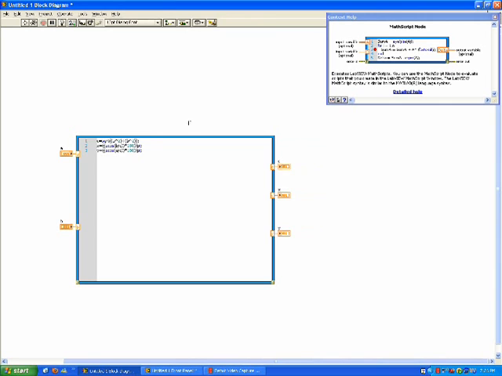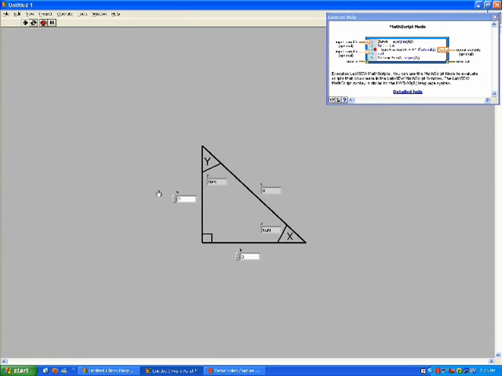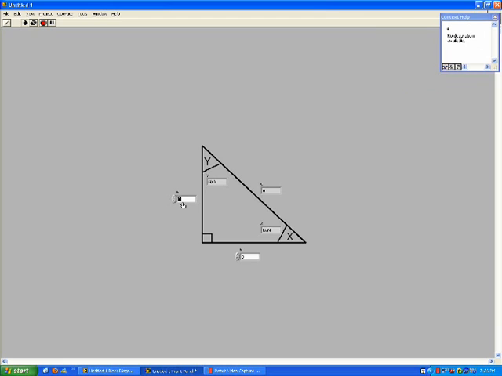So now we can run the VI. So let's run it continuously. And we give the values of A3, B4, and we have 3, 4, 5. Now if I change this to 4, the angles should be the same, and they are.